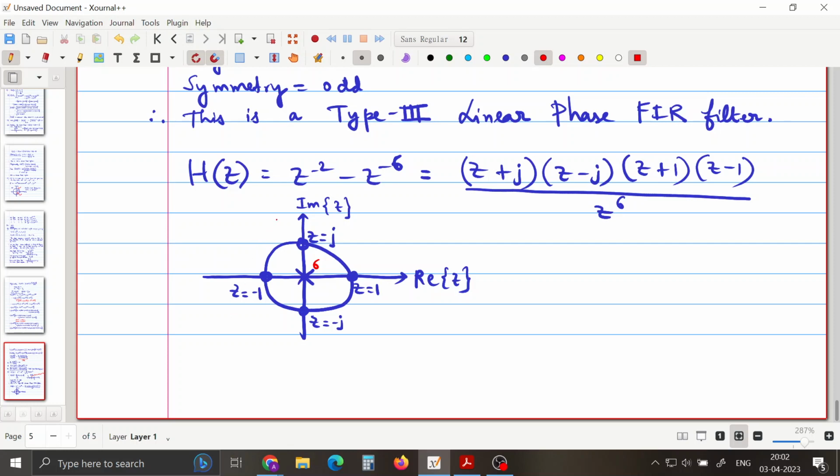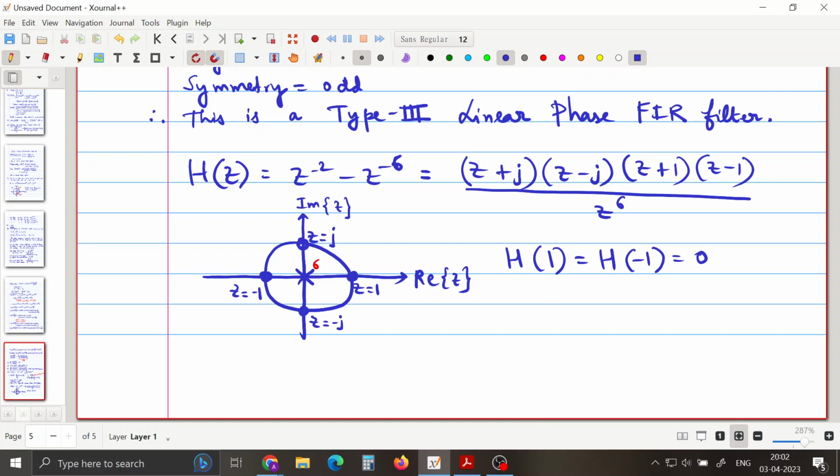Alright. So you see there are zeros at both z equals 1 and z equals minus 1. So capital H of 1 and capital H of minus 1 both are 0.